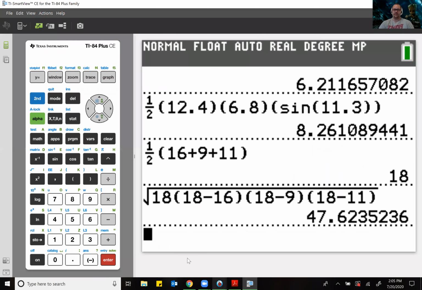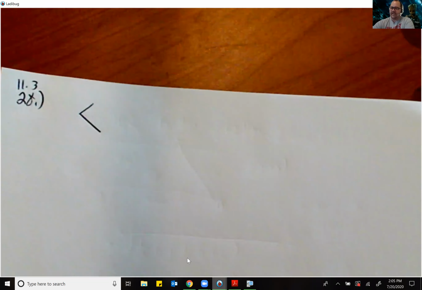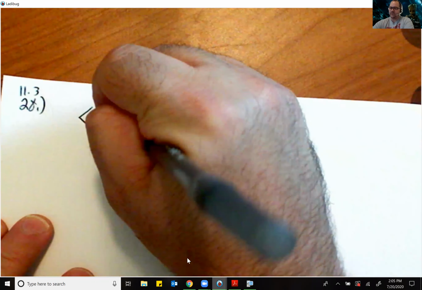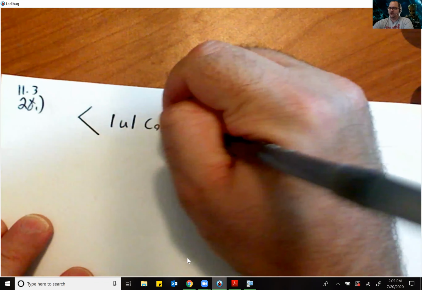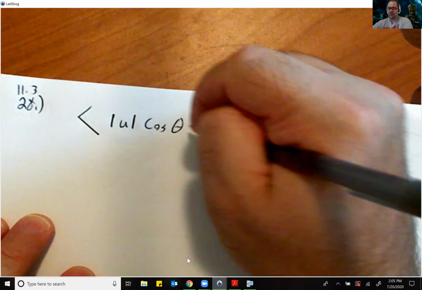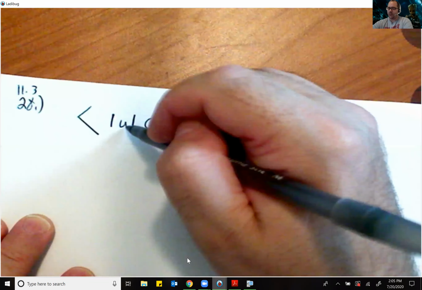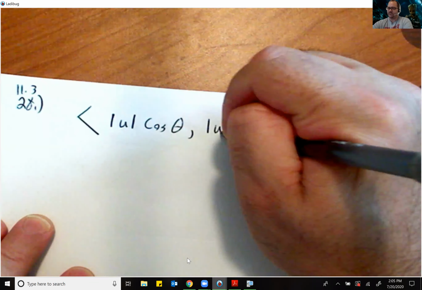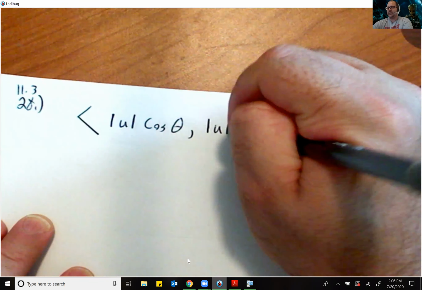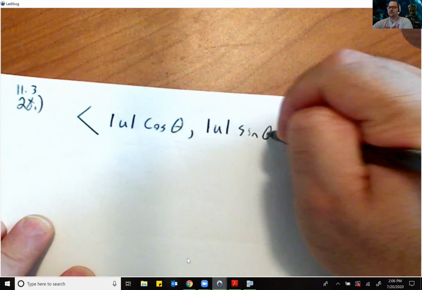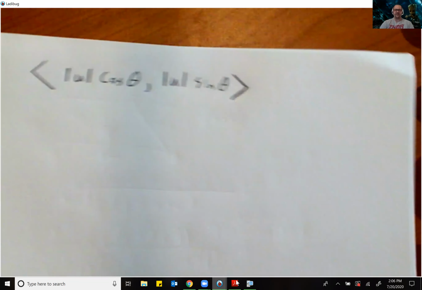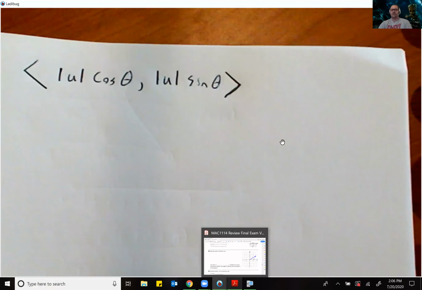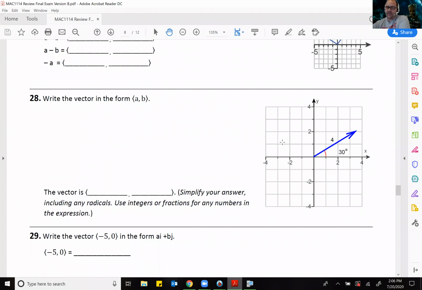You're going to take the magnitude of your vector times cosine theta, comma, that will give you the horizontal. The vertical part will be the magnitude of the vector times sine theta. That's how we're going to find our vector. And the information they gave us in the picture is the magnitude and the angle.